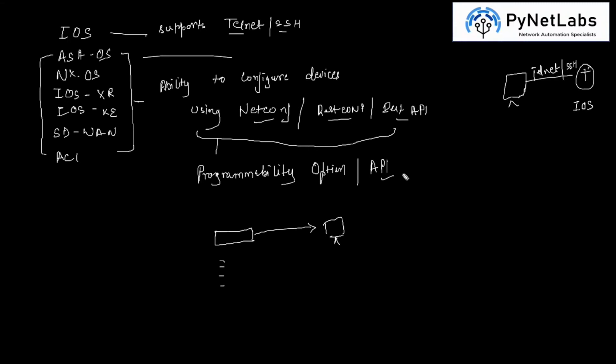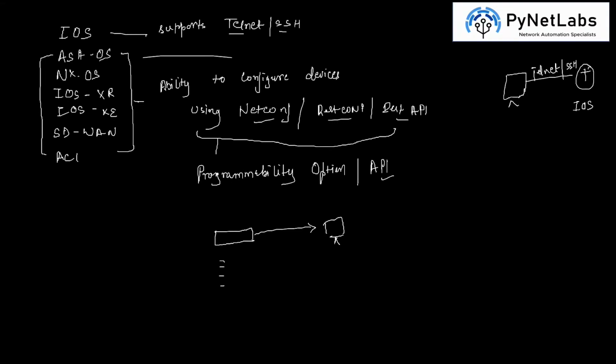The purpose of these APIs is to convert the human-understandable configuration, the changes you make on the devices, into something which can be understood by the PC. We will understand this more accurately once we have a look at the example.